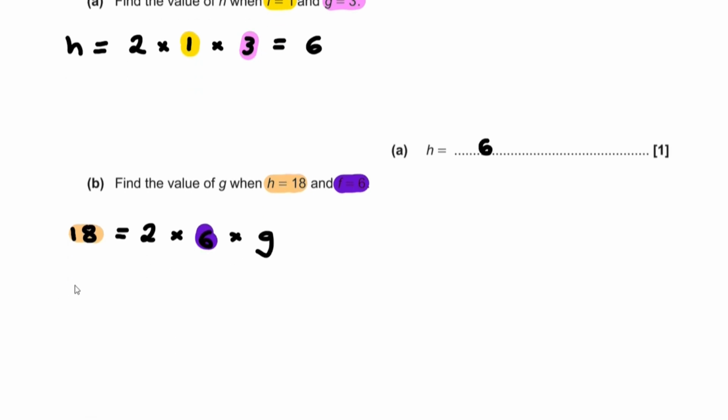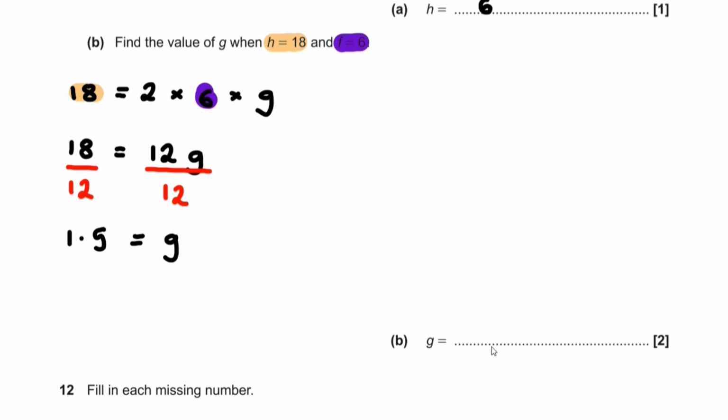So we have 18 equals 12g, and if I divide both sides by 12, you will find 1.5 equals g. So g is 1.5.